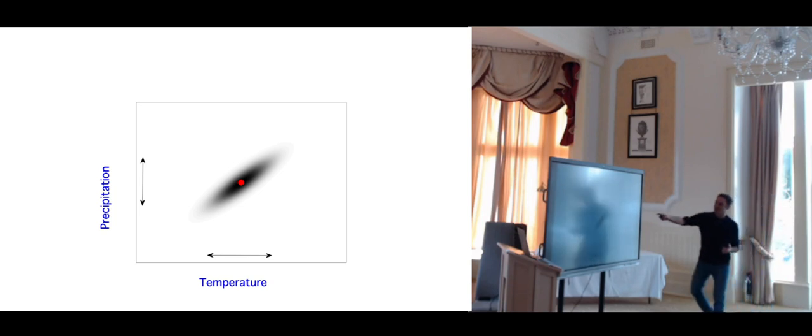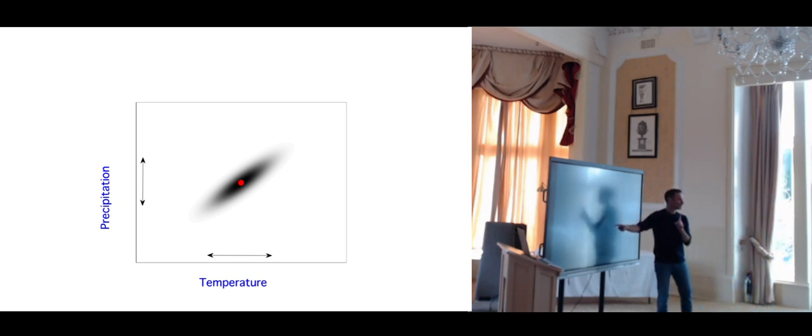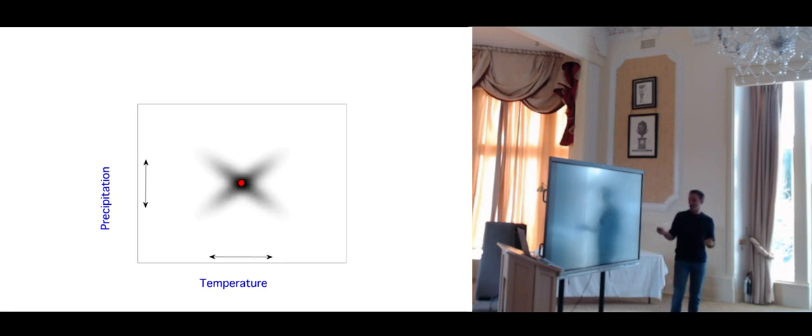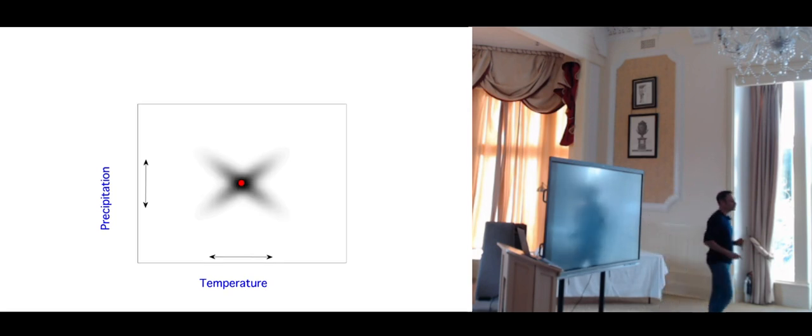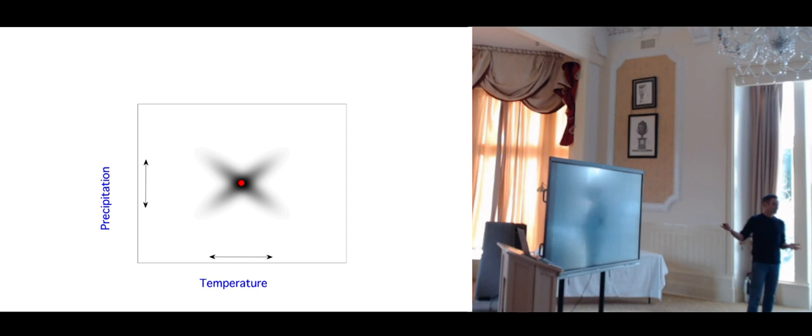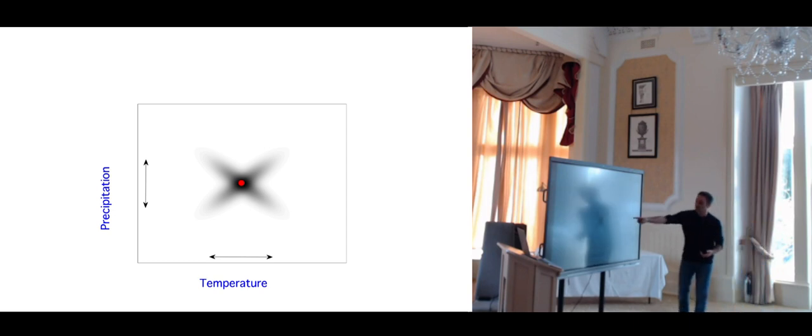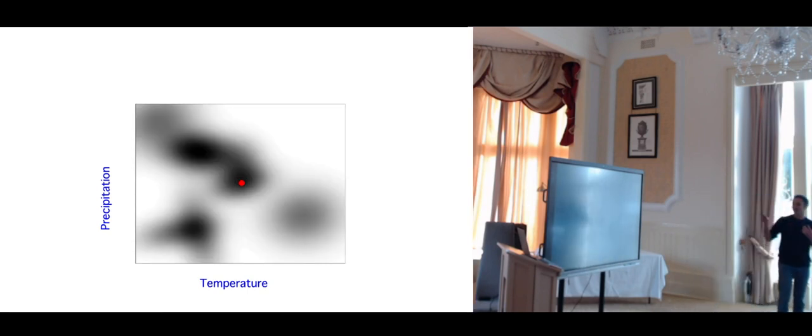For example, here we are in a 2-dimensional space with 1 Gaussian in 2 dimensions. It's very easy. But now we have 2 Gaussians. Quite easy in 2 dimensions, but this is quite difficult to express to a kid, to say, okay, what's the temperature and the precipitation going to be tomorrow? And actually, when we do Bayesian inference, we are in the case where we are sampling the full distribution. And we are very happy and very proud because we say, yes, we have a full distribution, the full state of knowledge, the full uncertainties.